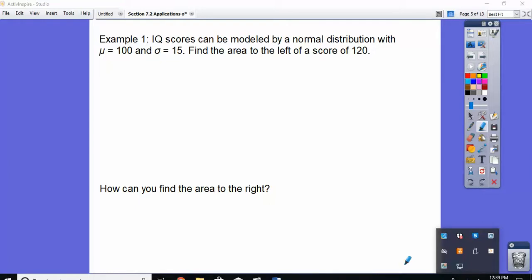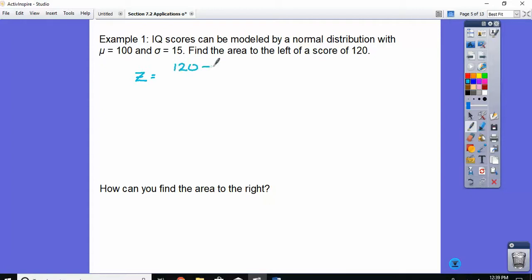No. That's why we have to convert it to a z value. So, to find our z, z is x. What's my x value? 120, minus the mean, over the standard deviation.